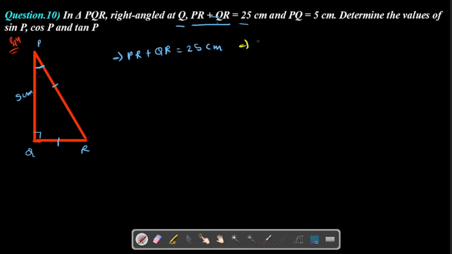From this equation we can write PR is equal to 25 minus QR, right? Now we just use the Pythagoras theorem here.